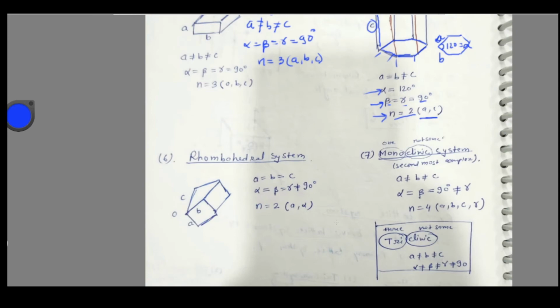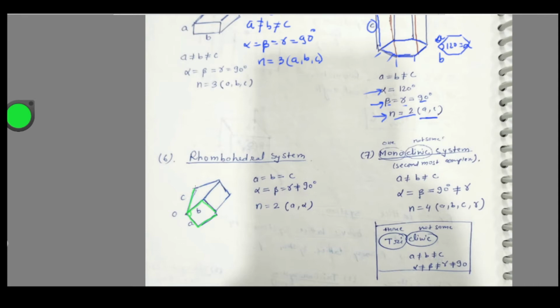Now sixth one is rhombohedral. In rhombohedral, all sides are equal, means A is equals to B is equals to C. But the angles alpha and beta are equal, and gamma is not equal to 90 degrees.